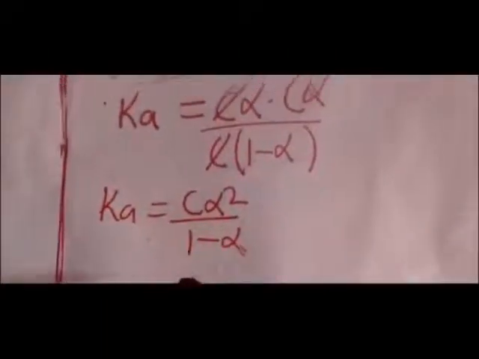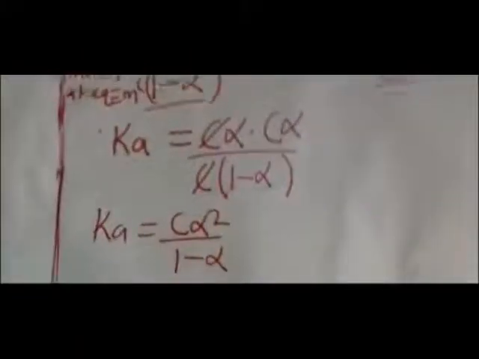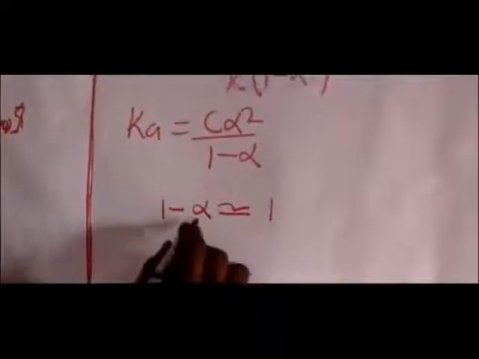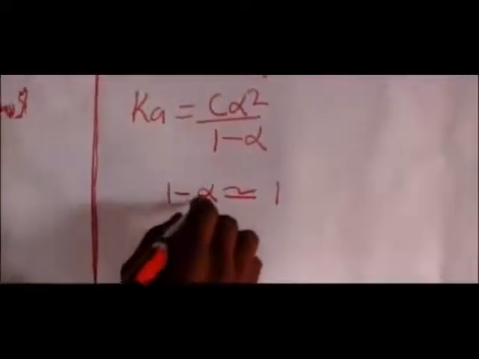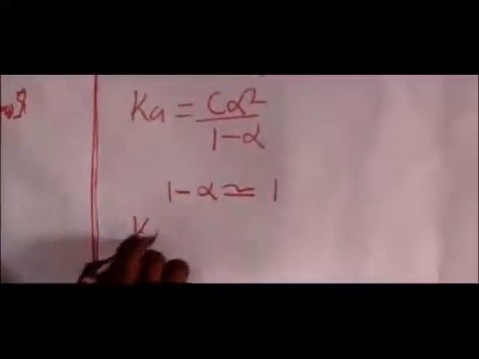But we know for a weak acid we form few ions, so 1 minus alpha is almost 1, because this alpha is going to be too small. So we shall end up with Ka equaling C alpha squared.